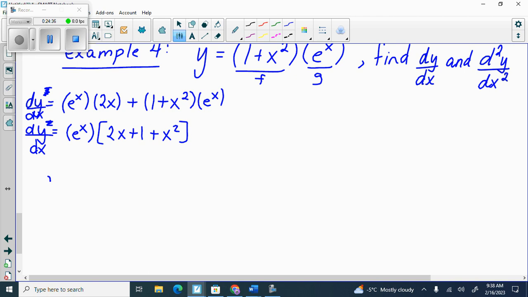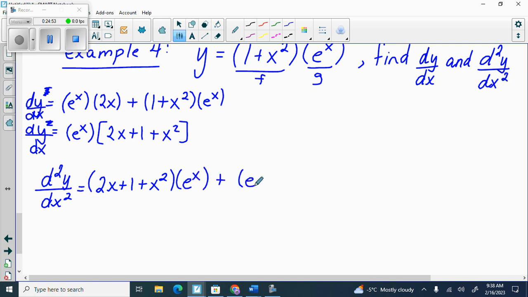Okay, then we have d2y over dx squared, and it's going to be g f prime plus f g prime. That's the way they write it.